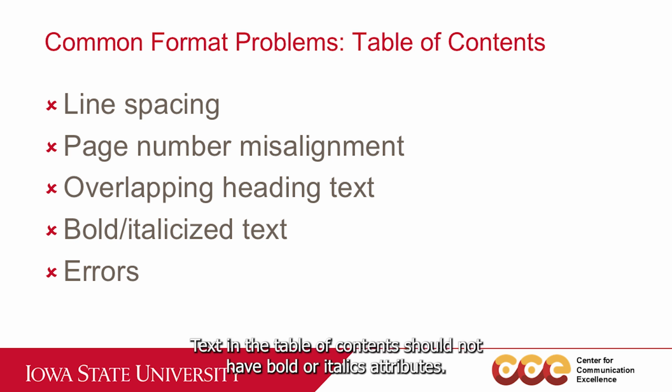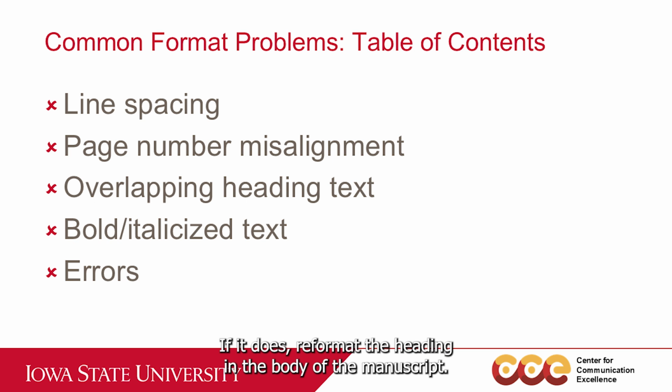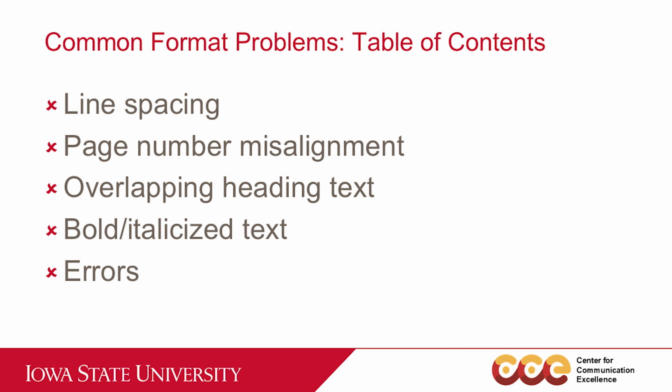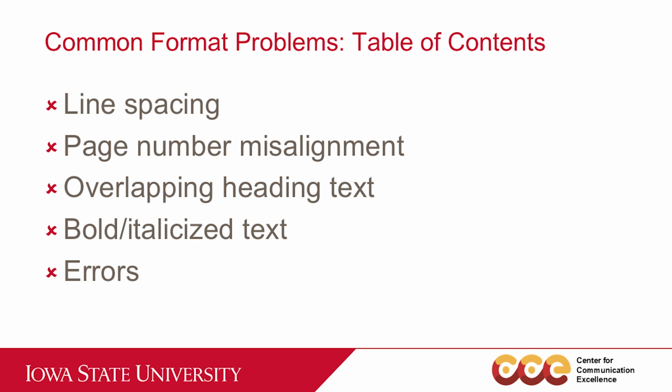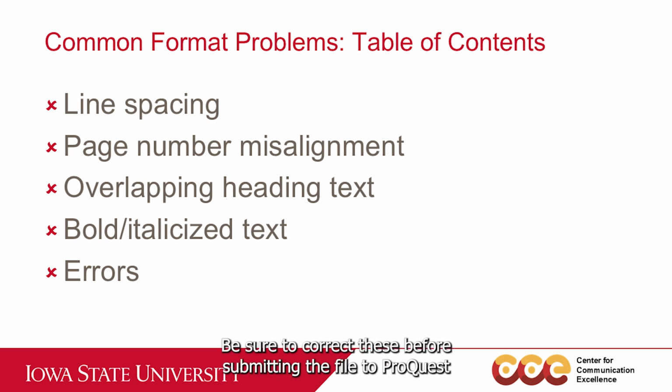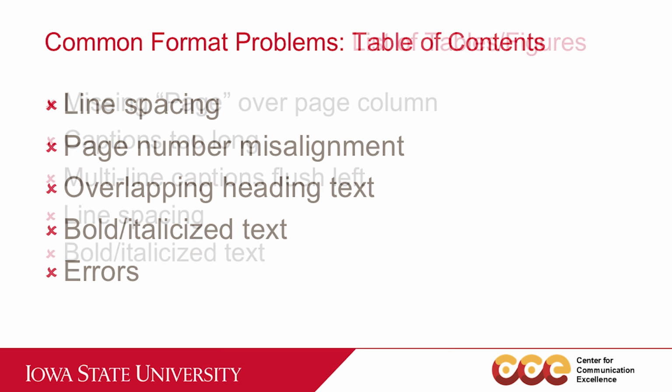Text in the table of contents should not have bold or italics attributes. If it does, reformat the heading in the body of the manuscript using the built-in headings styles, then update the table of contents. When you export the file to a PDF format, errors may appear in the table of contents. Be sure to correct these before submitting the file to ProQuest.